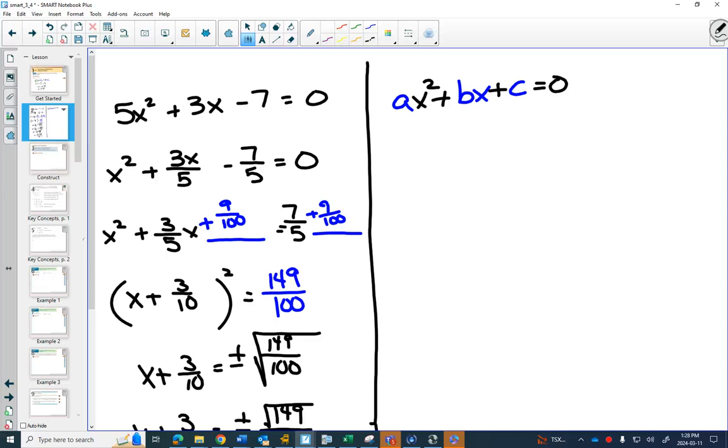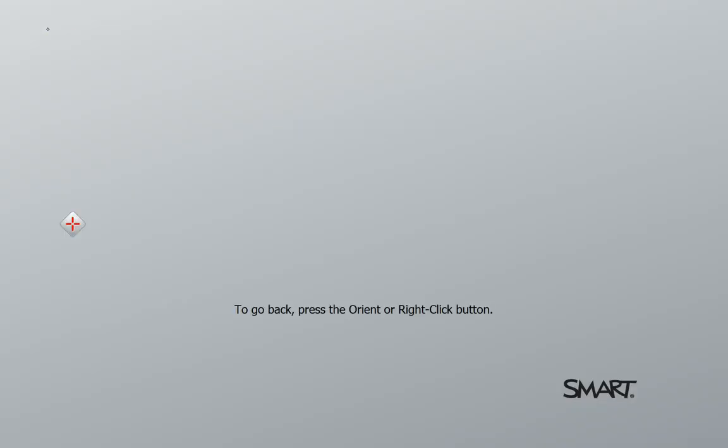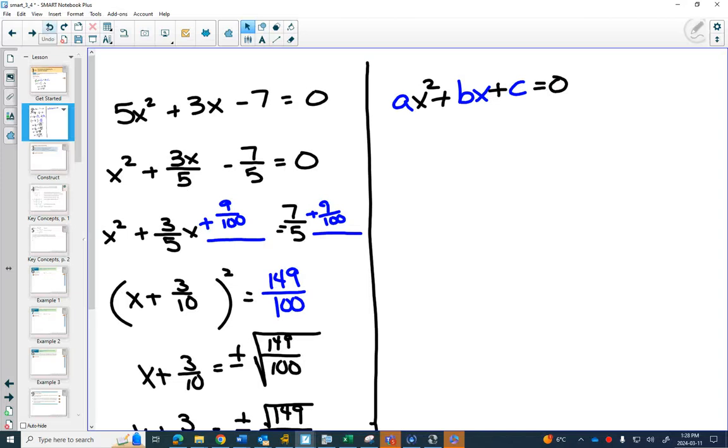I had this. Well, I want this x to be black. What would we do?